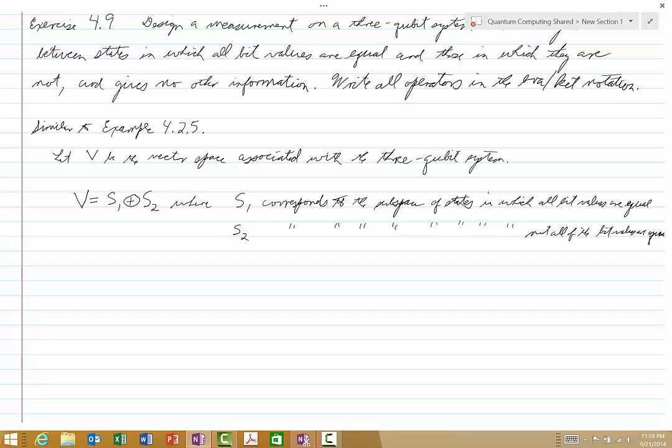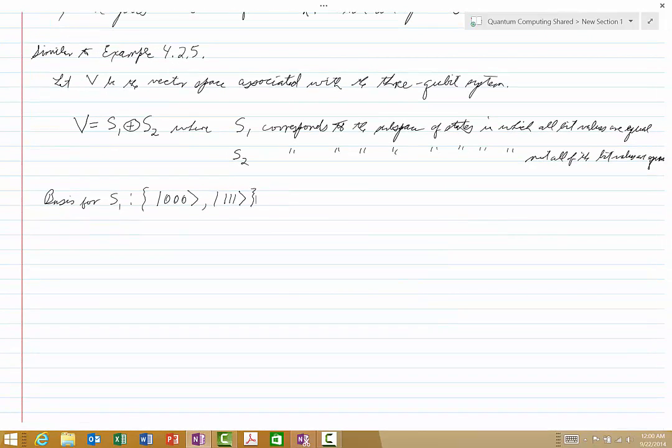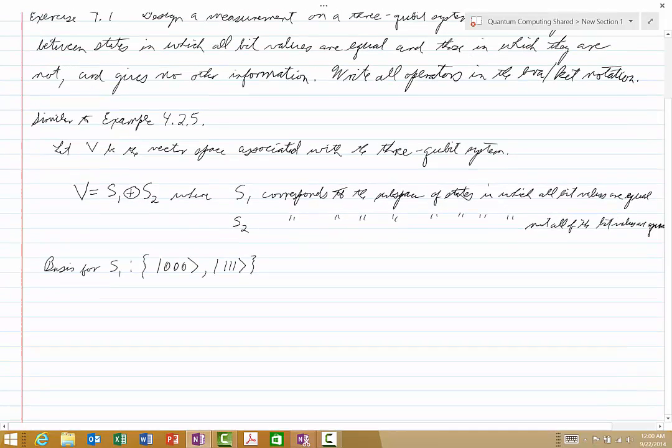Okay, I hope that you concluded the following. The basis that I would choose for S1, since S1 is the subspace of states in which all the bit values are equal, and remember this is a 3-qubit system, to me it seems that the obvious choice here, in fact I can't think of any other way really to write this, would be |000> and |111>, because those are the only 3-qubit states in which all the bit values are the same.